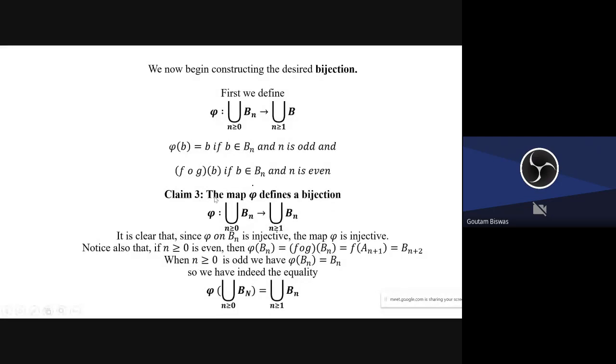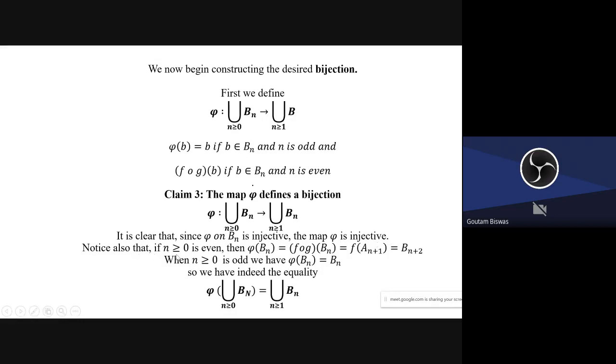Now, claim 3. The map phi defines a bijection. Okay, it is clear that phi on Bn is injective. This Bn, it is an injective function. And the map phi is injective.